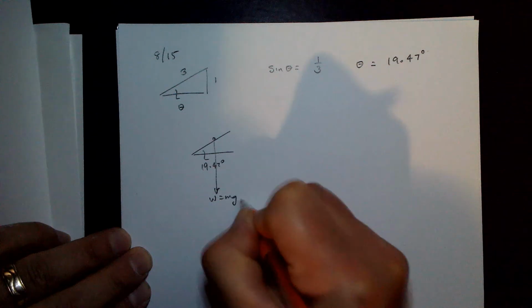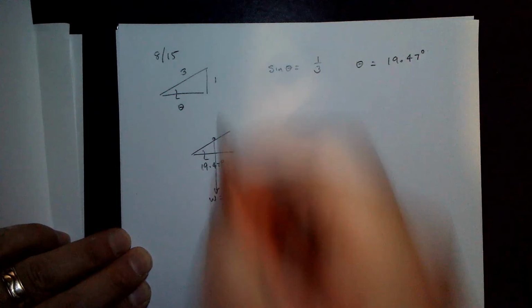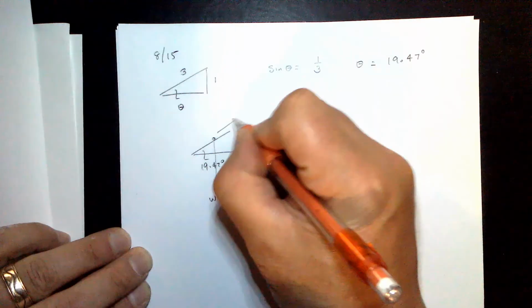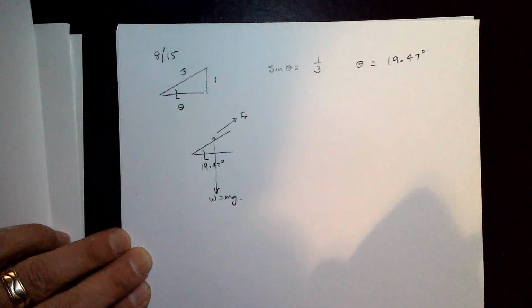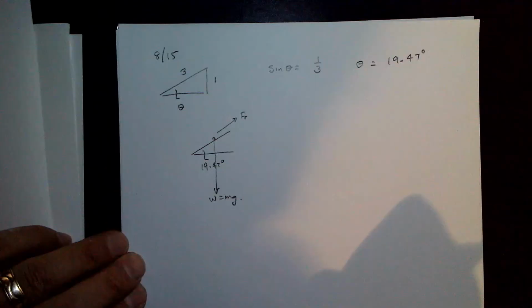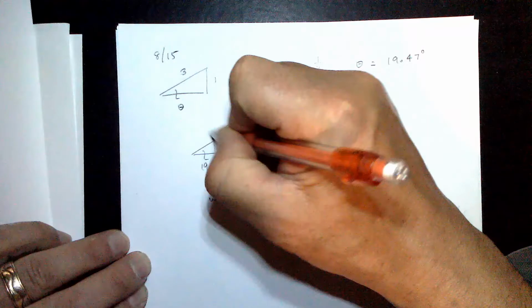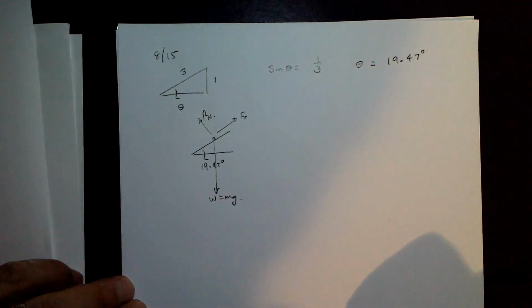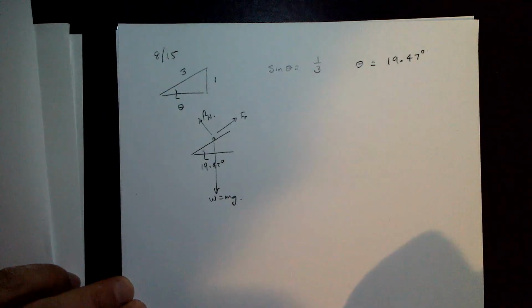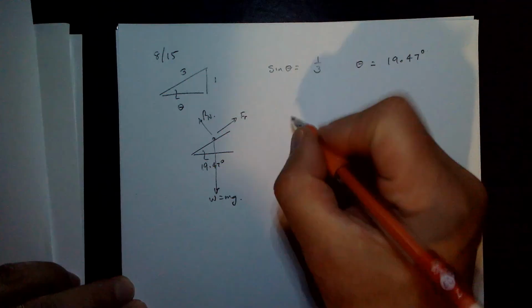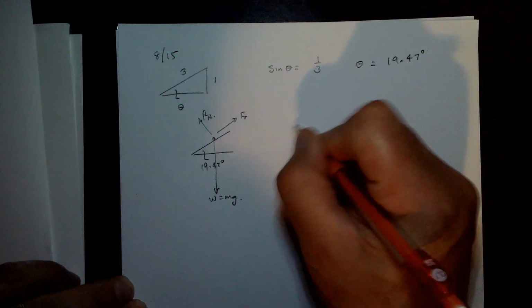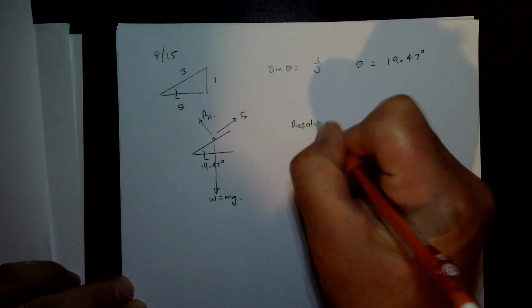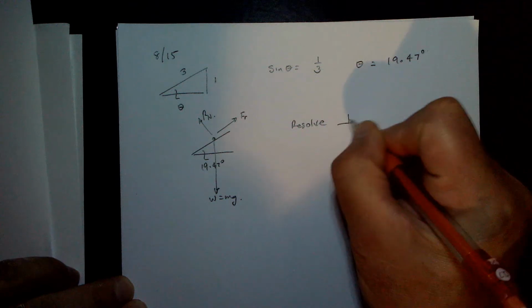We have a frictional force which is stopping the car from sliding down the hill, and we have a normal force which is perpendicular to the slope. So first of all, I'm going to resolve perpendicular to the slope.